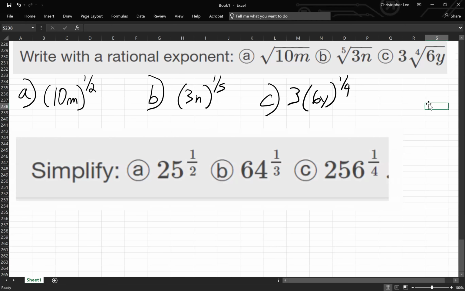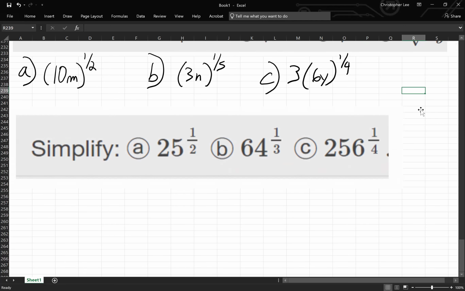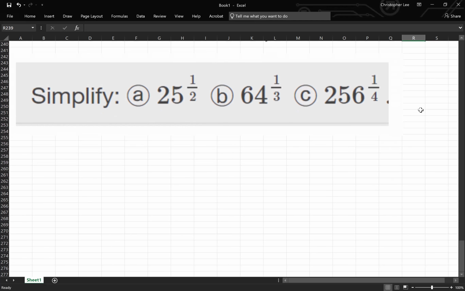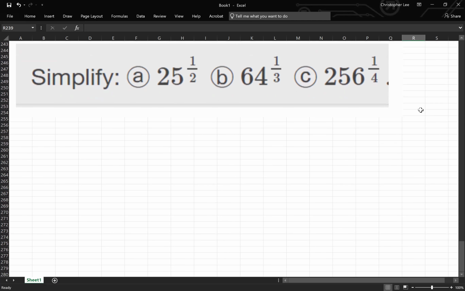So now this example says to simplify, right? So I had A is equal to 25 to the half power. That's the same thing as me saying what? What's the square root of 25, which we know is 5.